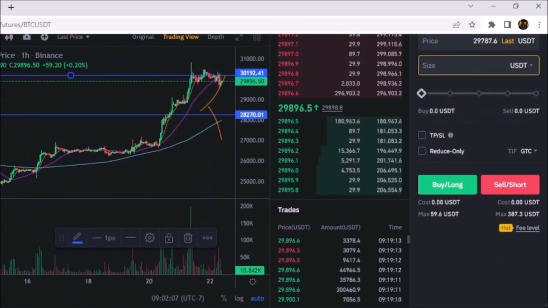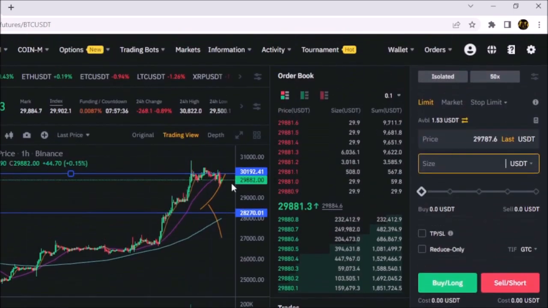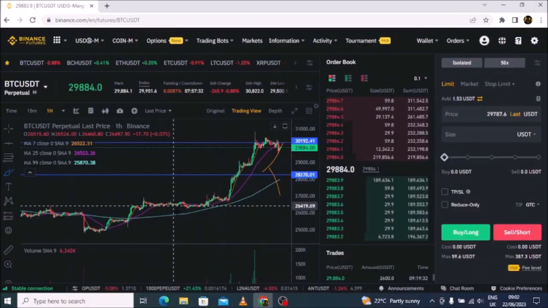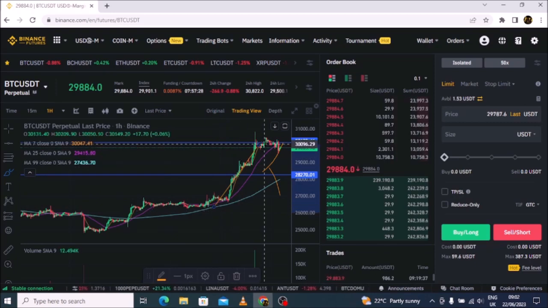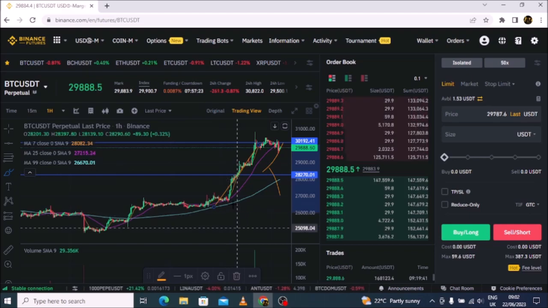So once you have selected that and you have put your take profit, then you can buy long or sell short. Here, buying long means you predict that the price will go up. And when you predict that the price will go up and it starts to go down, it means your money will be taken.